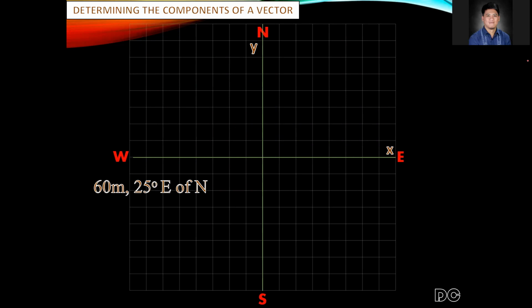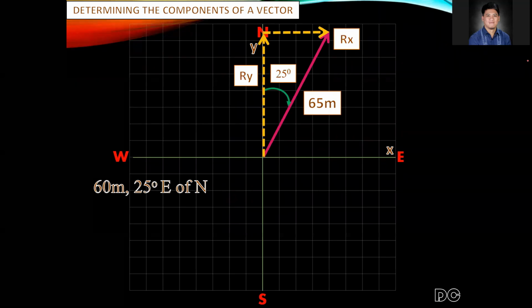Okay, since east of north is lying on the y-axis, it is based on the y-axis. So from north it moves 25 degrees to the east.